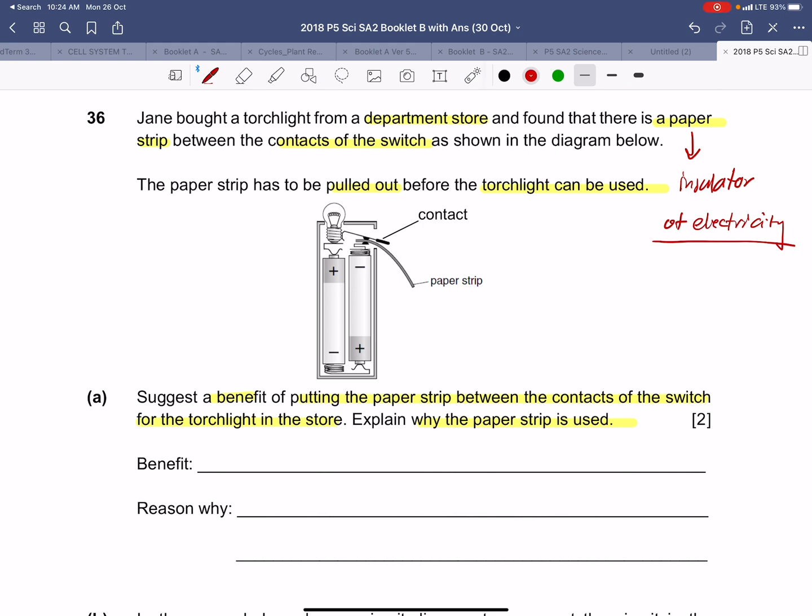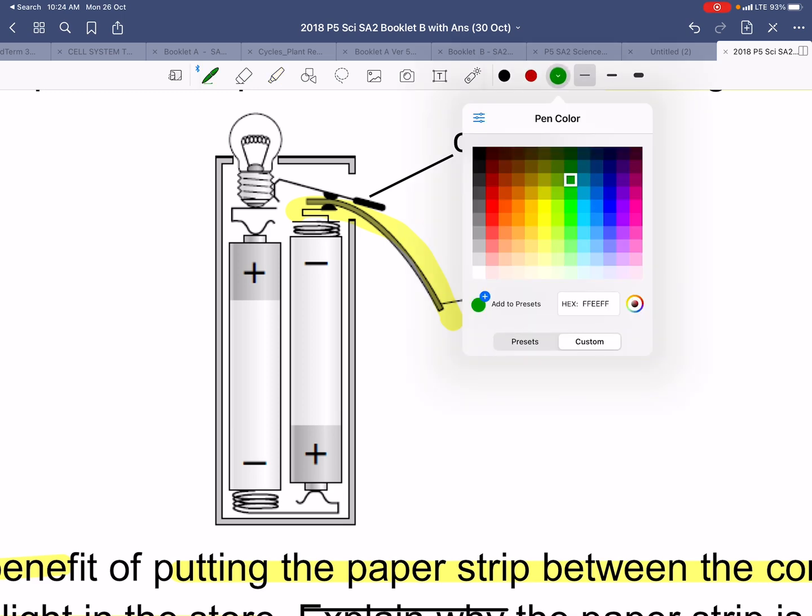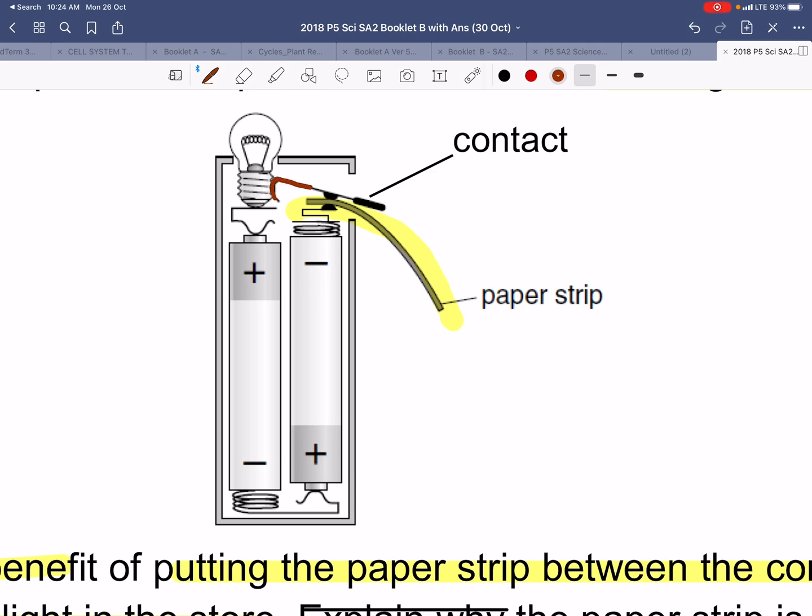So as you can see, the paper strip is placed over here, and the two contact points, if I zoom in, are your switch as well as your battery, the contacts to the wire leading to your battery. So in short, this acts to break up the circuit so that it becomes incomplete and electric current cannot flow.